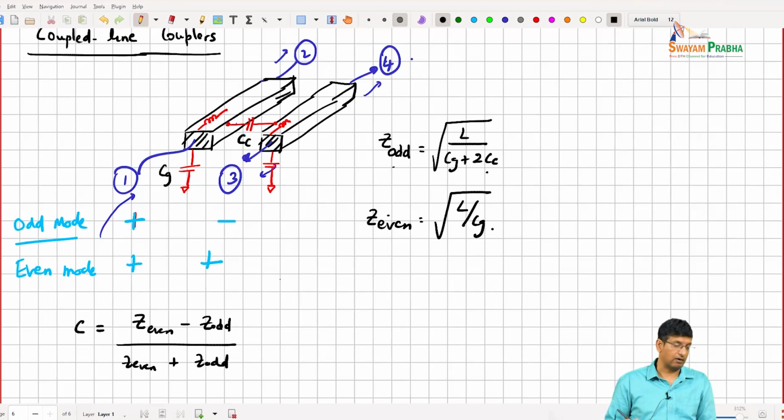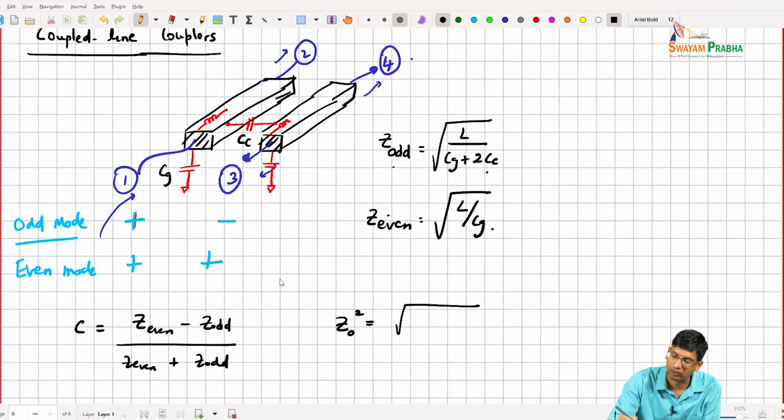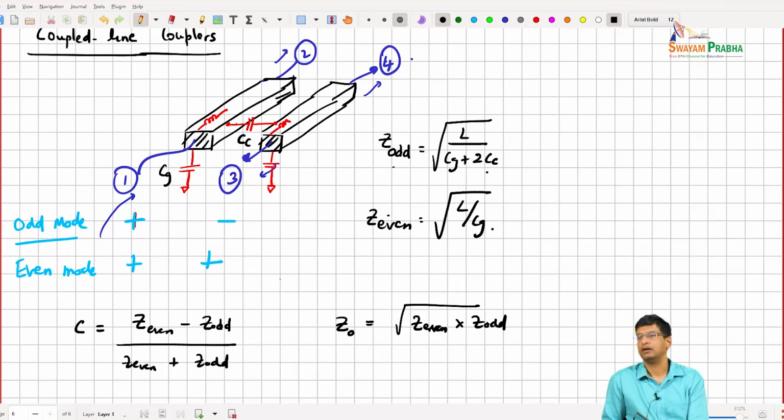And what we can also show is that the characteristic impedance of this coupler when we are exciting a port is going to be, sorry, I've already put this. So let's remove the square. It's Z even times Z odd, right?